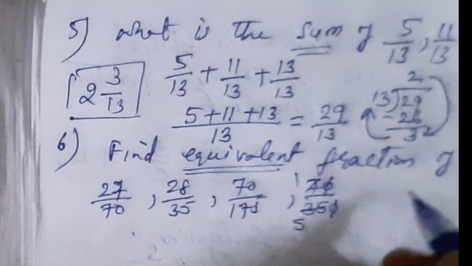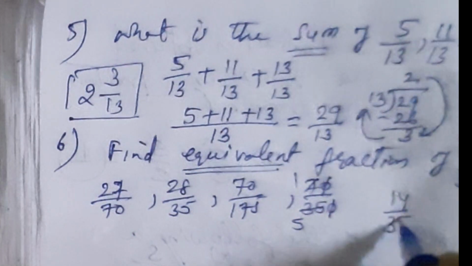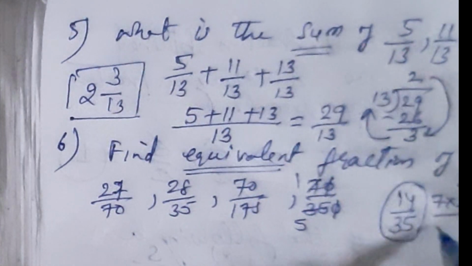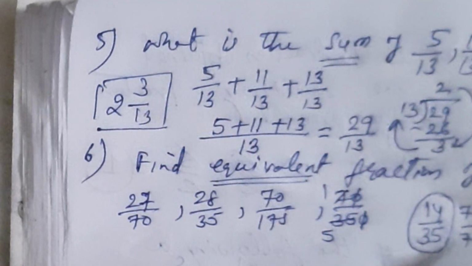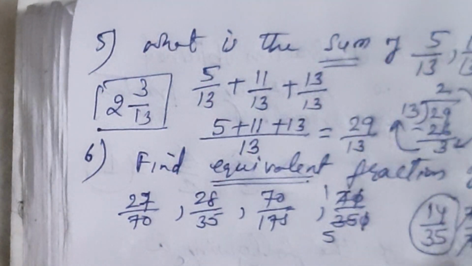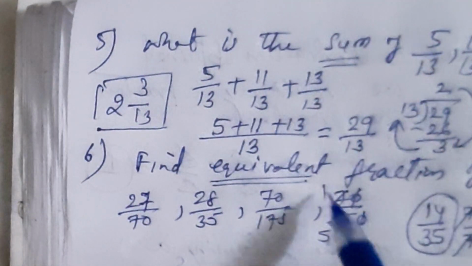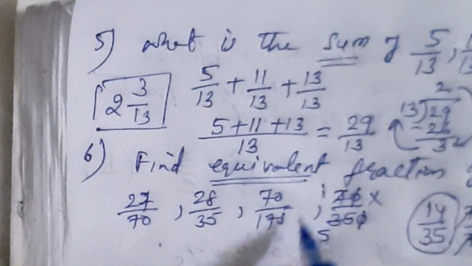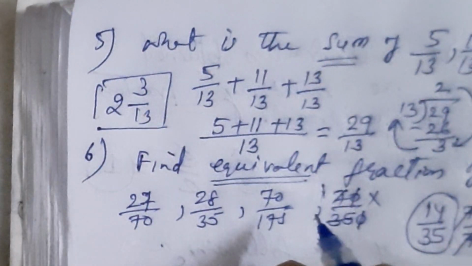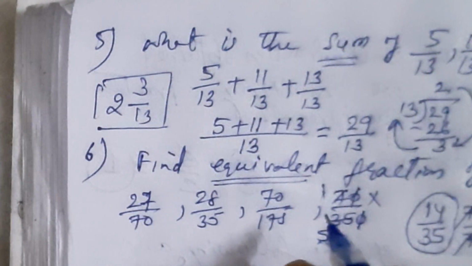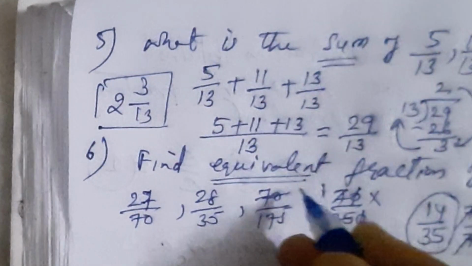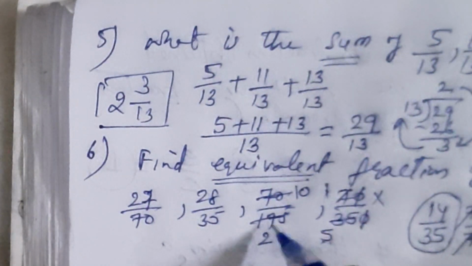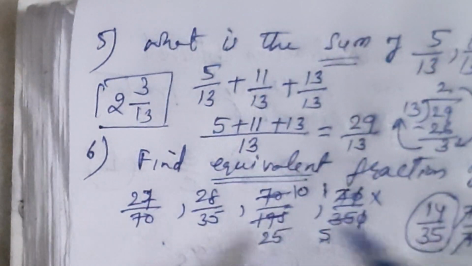So here 14 by 35, if we reduce it, 7 twos are 14, 7 fives are 35. So 7 will get cancelled. It's 2 by 5. Here we are getting the answer 1 by 5, so option number 4 is not possible. Let's check the next fraction. Cancelling them, 7 tens are 70, 7 twos are 14 and 7 fives are 35.